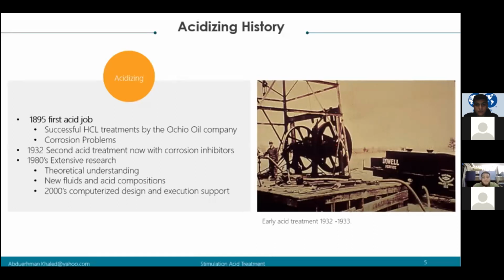You can see the equipment is quite simple: a pump truck and a little hose connected to the wellhead. So it started a long time ago in 1895, and the big revolution in the theory of acidizing was mainly in the 1980s.